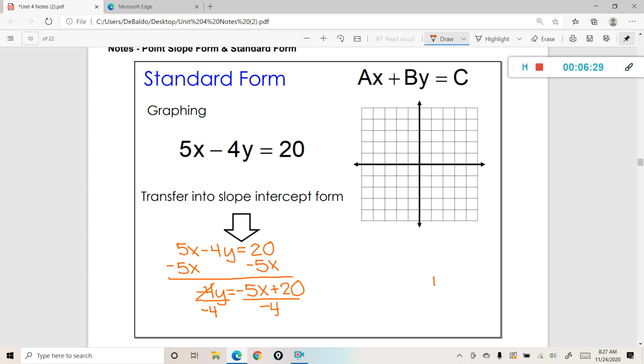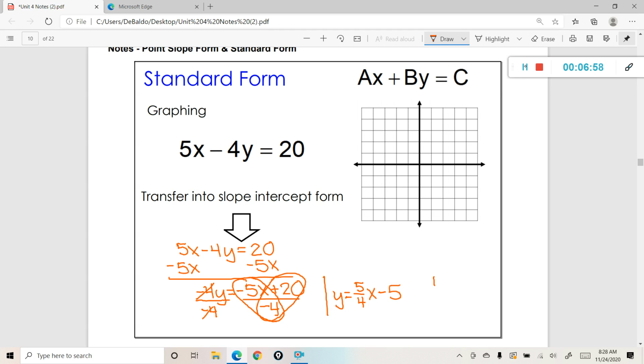Over on the left side, those negative 4's cancel out. But over on the right side, we have to use a skill that we learned in Unit 1. Remember this little skill? I think we called it the butterfly. But we're actually dividing these terms. So negative 5x divided by negative 4 is going to give us 5/4 x. And then I have to do the same thing to these other terms. Positive 20 divided by negative 4 is going to leave me with negative 5.